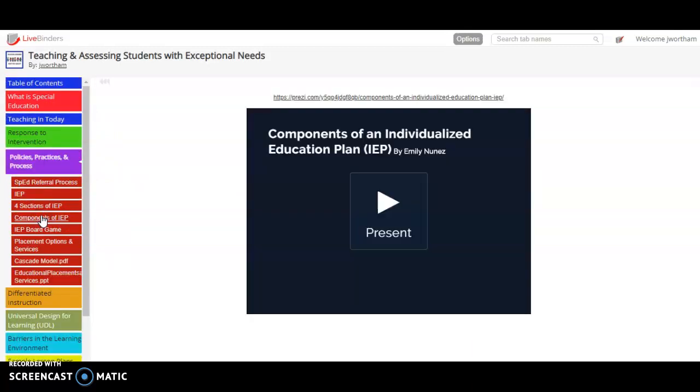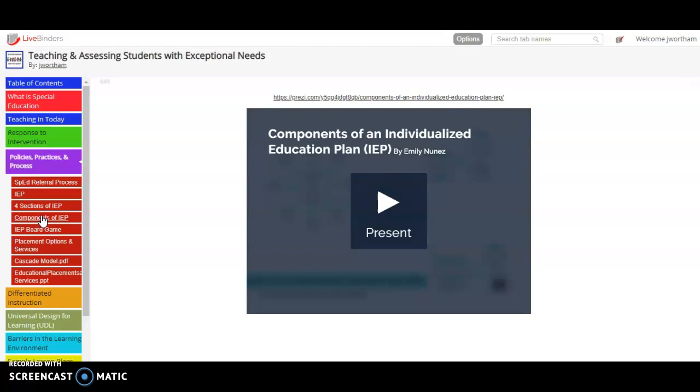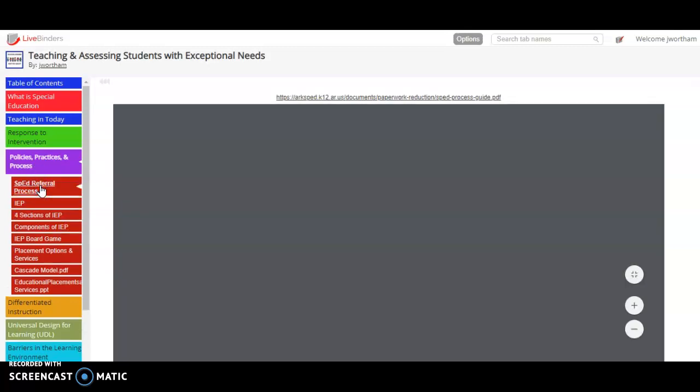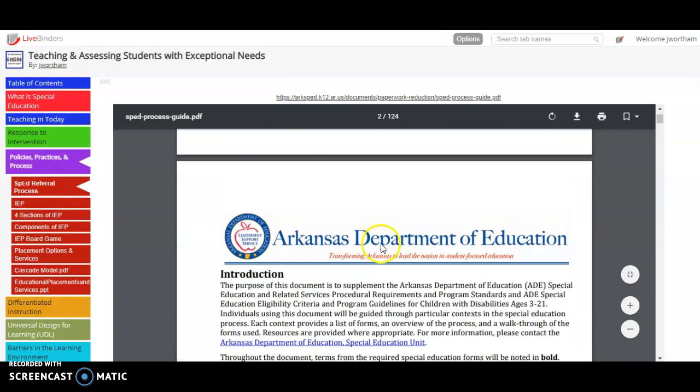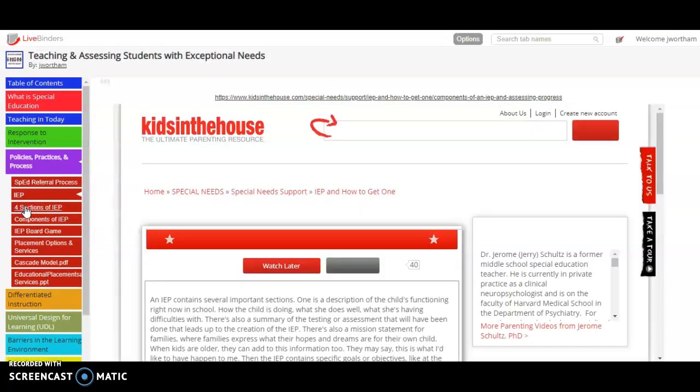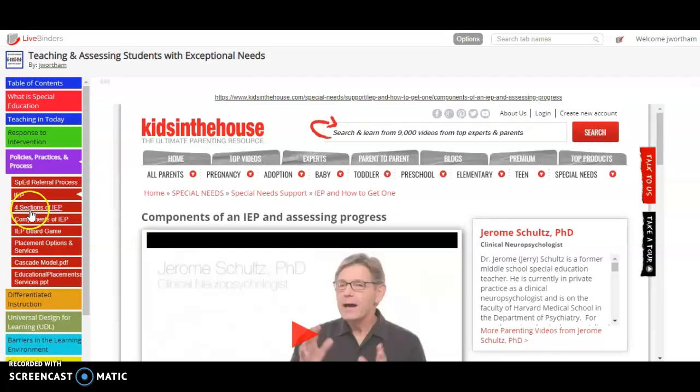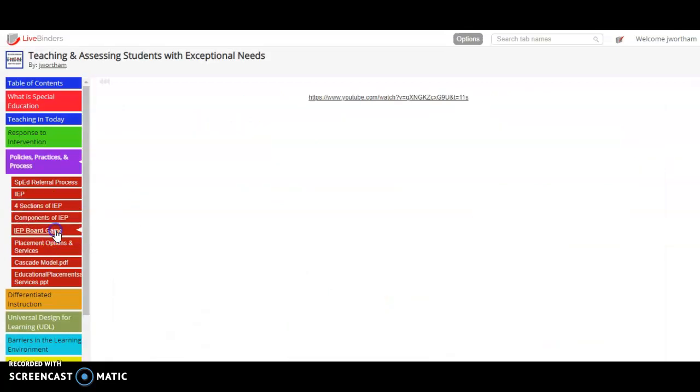All right, for policies, practices, and process: IEPs, the referral process, which is printable, and this is also from the ADE website as well. IEP, the 4 sections of the IEP, components.